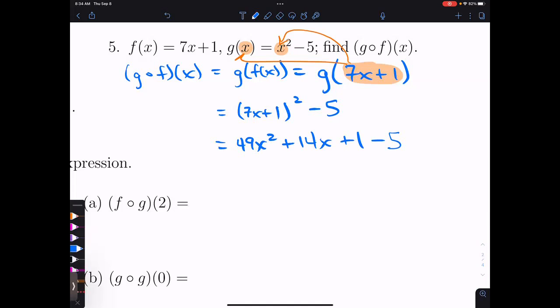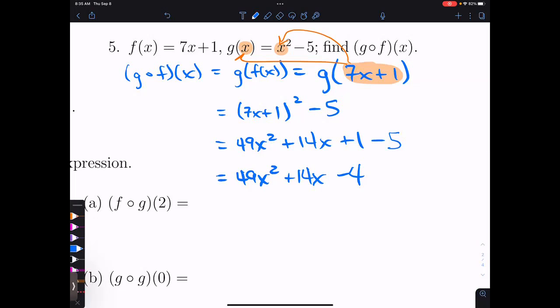And then combining like terms would be that. Are we all right with that? Any questions? Do we all agree?